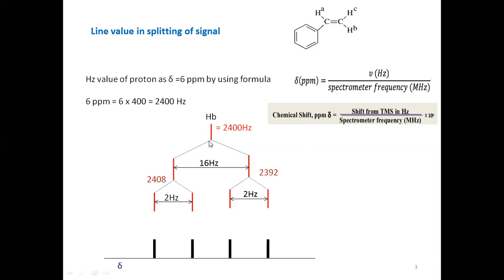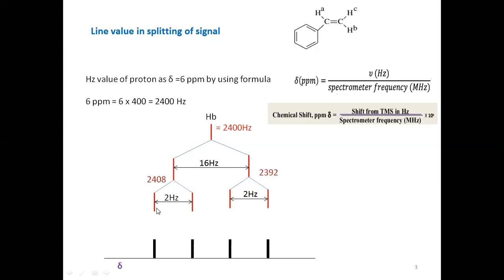Okay. Now this again is splitting into a doublet with 2 hertz, correct? This 16 hertz doublet is splitting by 2 hertz again. So what is the value of the extreme left line? 2410? No, 2409, because this is a median, and you have to add 1 here and 1 there, correct? 1 hertz is going to this and 1 is going to this.